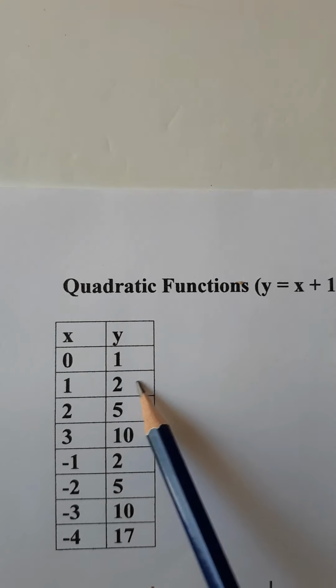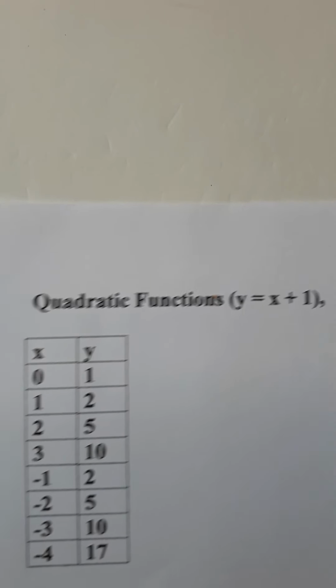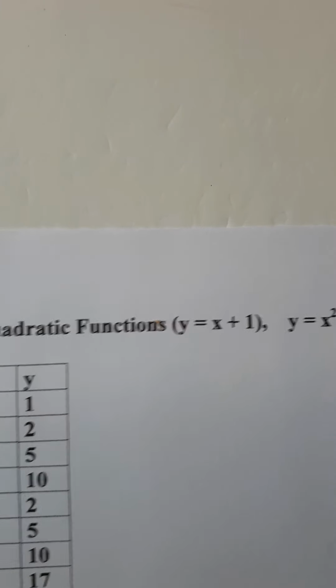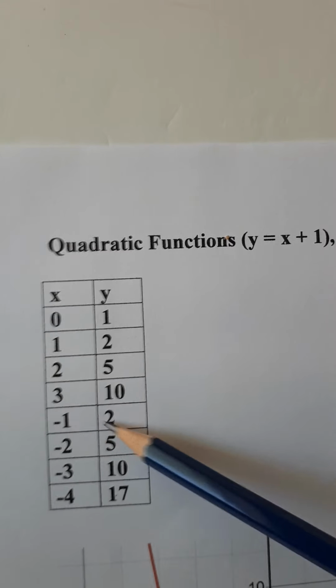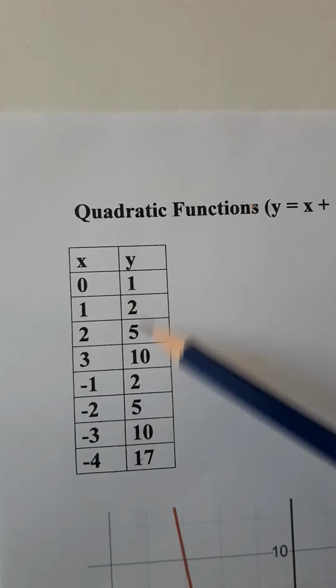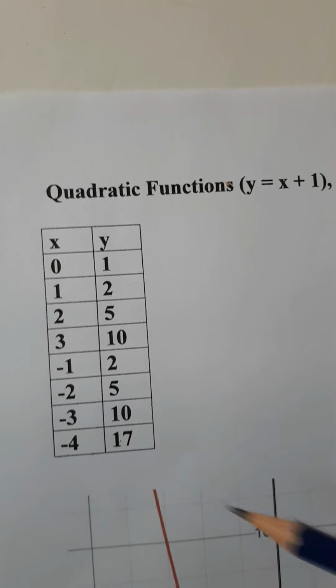So y is 2. When x is 2, 2 times 2 is 4, 4 plus 1, 5. And let's look at minus 1. x is minus 1. Minus 1 times minus 1 is plus 1. So 1 plus 1, 2. Same for these. So we can draw a graph now.